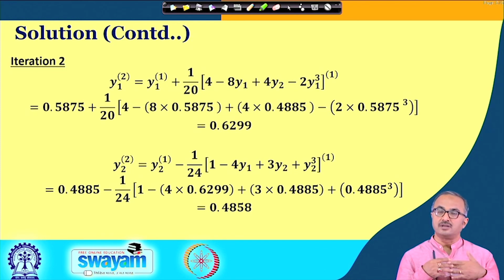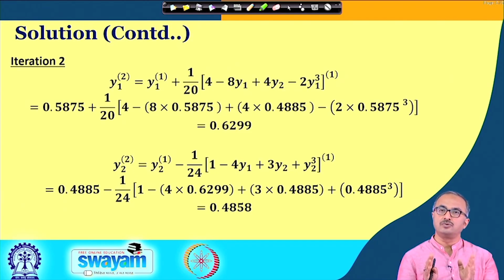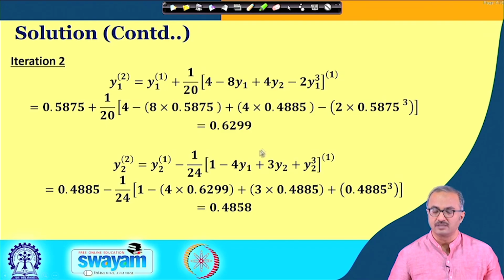Whatever convergence criteria you may evolve, that must take care that all the deviations for all the roots are taken care of, and the precision and the accuracy must be ensured for all the roots involved in a given system of equations or a given process. So here you can see that the root for y1 with this particular representation is not converging as fast as it does for y2.